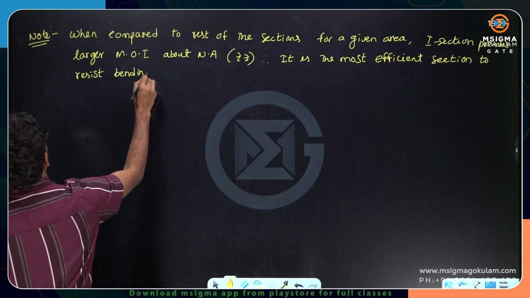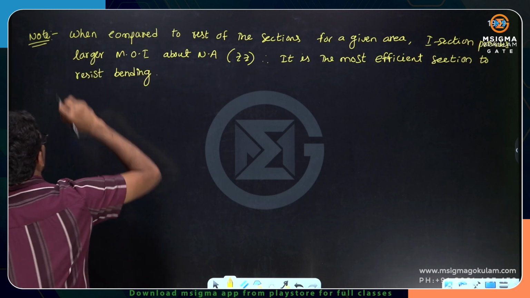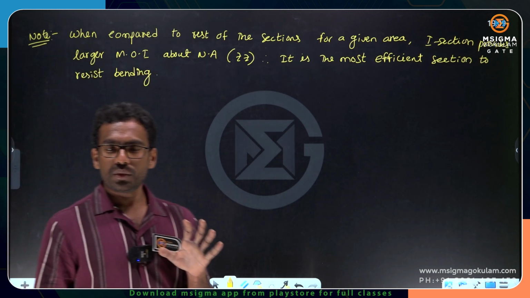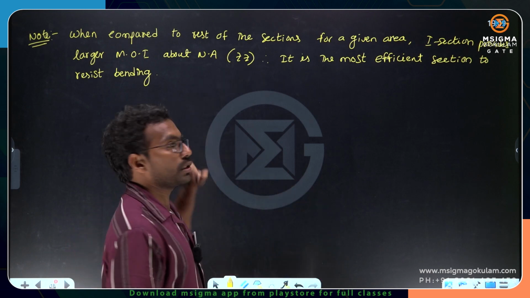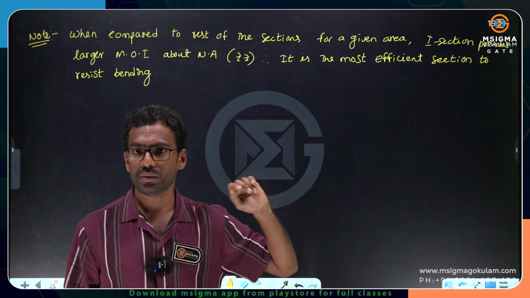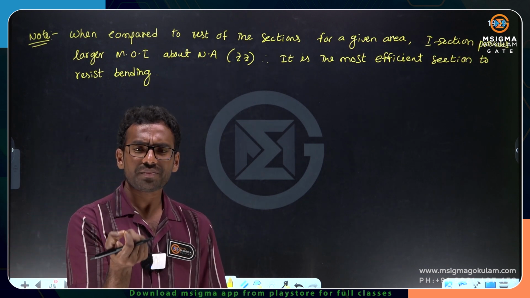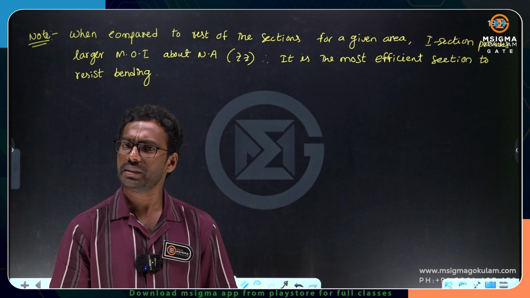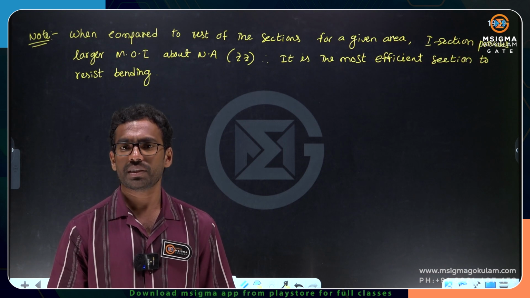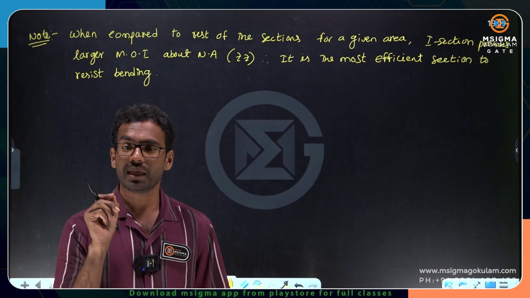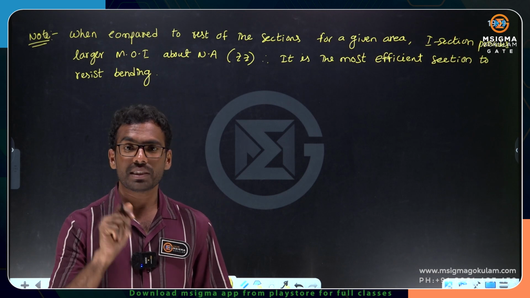Okay, please try to understand this. The most efficient section to resist bending is this section. What is that? I section. So in any competitive examination you write, if they ask a question, which of the following sections is the most efficient section to resist bending, then the correct answer is the I section itself.